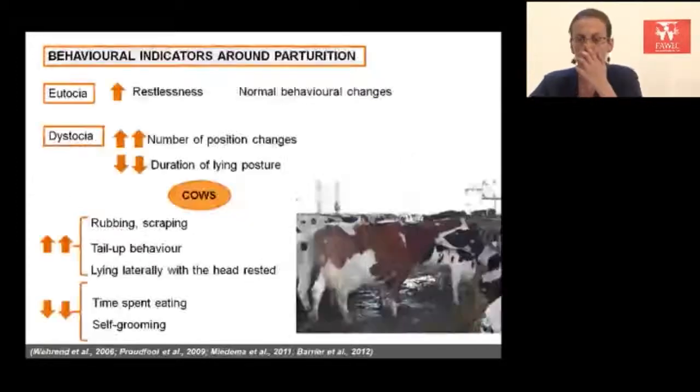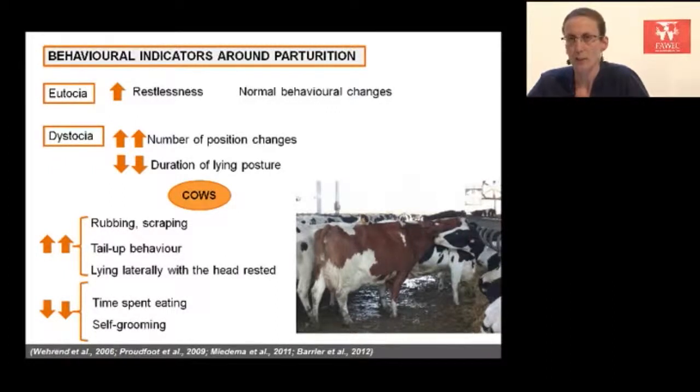In relation to the behavioral indicators around parturition, again, it's important to remember what the normal behavior around parturition is, because, for example, a normal parturition produces an increase in restlessness, which is supposed to be normal, and there are also other behavioral changes, for example exploring, that also increase.